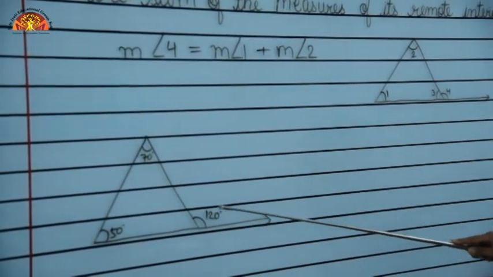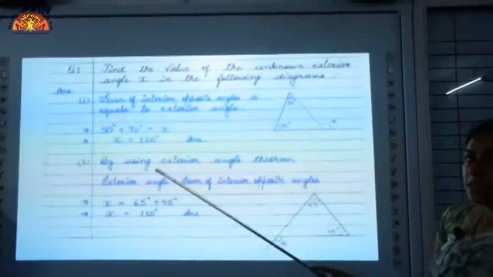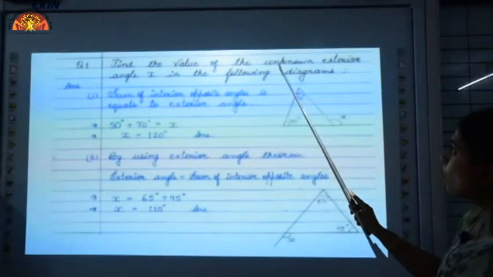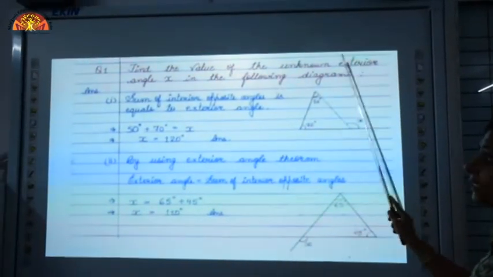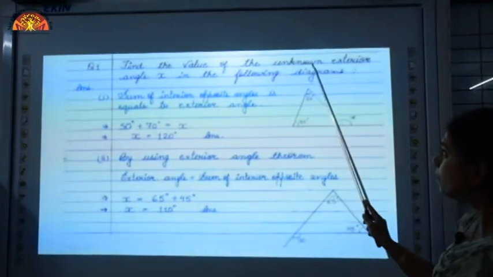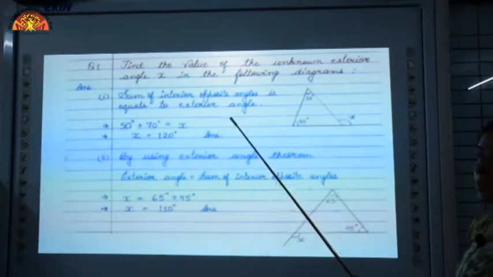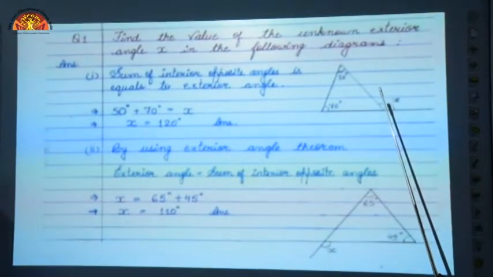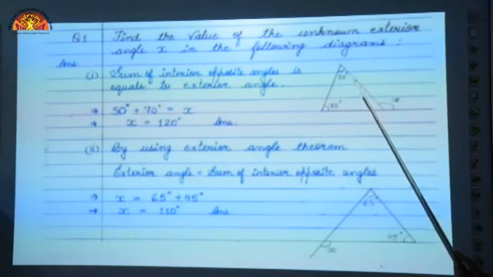Now just see more examples on the PPT. See the question over here. Find the value of the unknown exterior angle x in the following diagrams. So children, figure is given to you and you have to find the unknown exterior angle x. So see the figure.